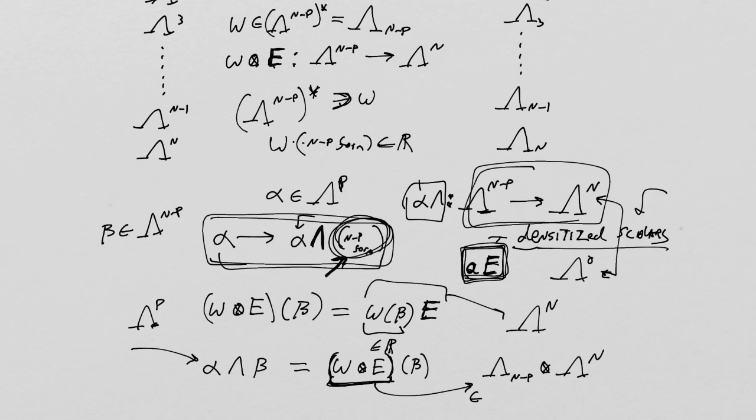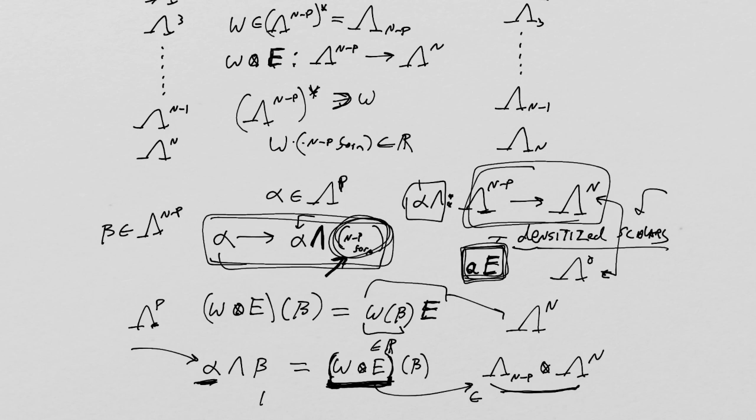So for every alpha here, I should be able to find an omega tensor product volume density form, an element in this, and they should both create the same mapping when operating on an arbitrary element of lambda n minus p.